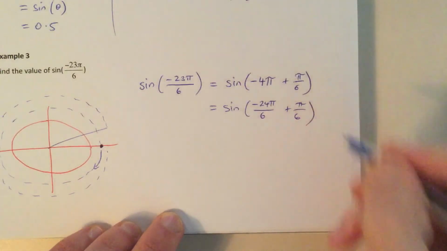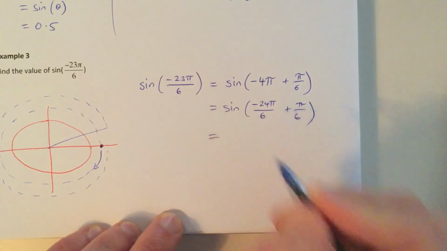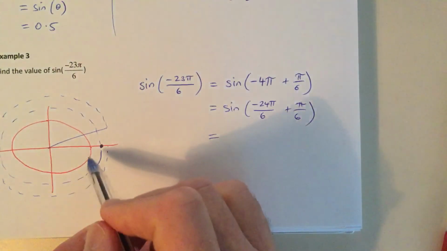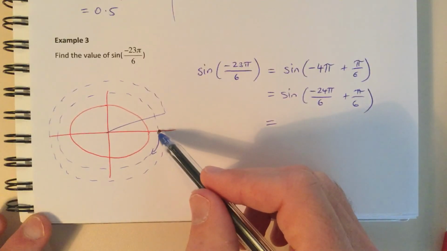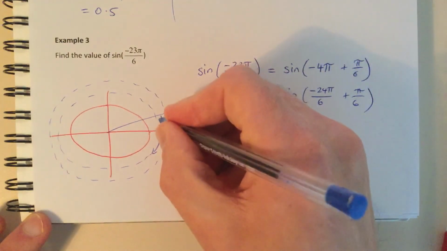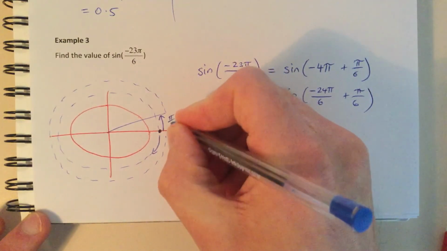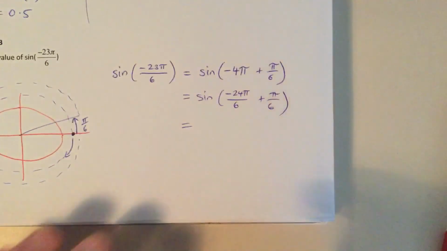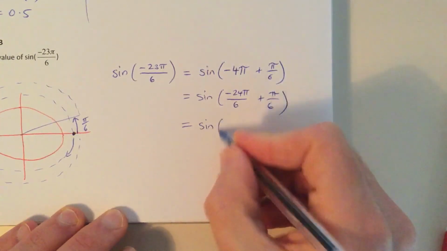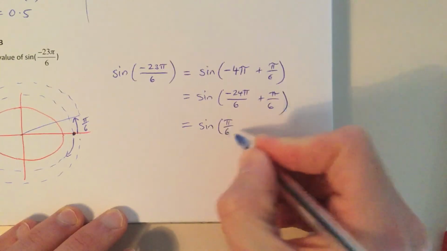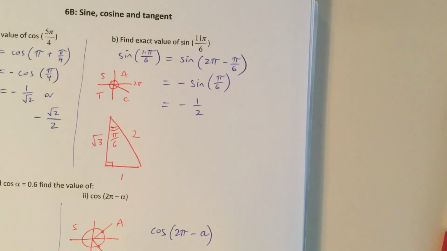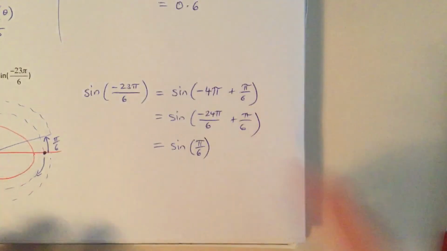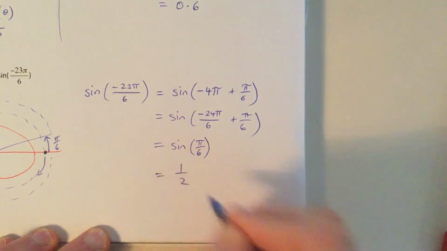There we go. And so ultimately what's happened is we've just done 2 laps of our unit circle, got back to where we started, and then we're just going pi on 6 that way. And so at the end of all that, all we're really working out is sine of pi on 6. We actually did that one in the previous example. Back up in 1b, we worked out sine of pi on 6 was a half. And that's our answer here.